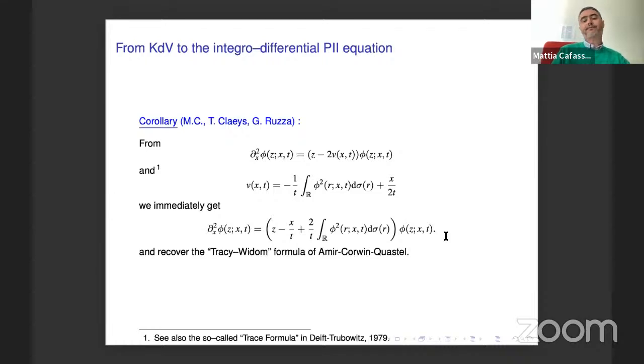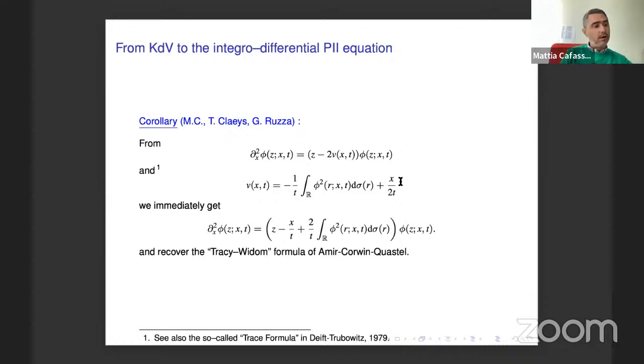And actually, as Dave noticed during a seminar given by Giulio Ruzza, this formula is very similar to a formula that already appeared in a paper by Deift and Trubowitz in 1979, which is essentially the analog, but just for a certain function v that goes to 0 at plus and minus infinity, which is not the case for our function.